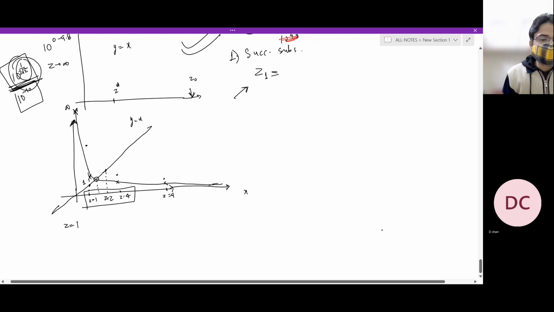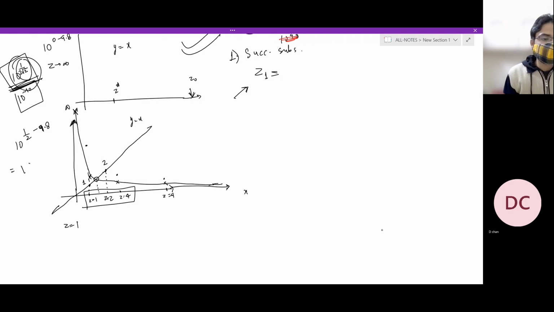At x equals 2, this value will be 2. At x equals 1, this entire curve will become 10 to the power 1 over 2 minus 9.8. Can you quickly calculate this value and let me know?